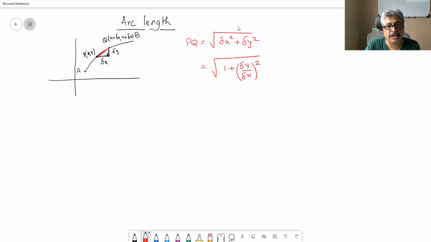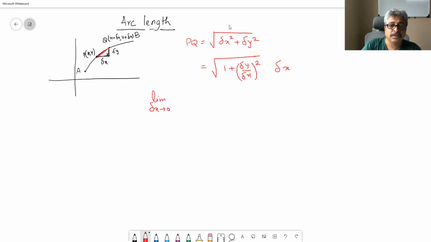We have taken delta x common, so outside the bracket it is delta x. And now we can consider the limit as delta x tends to 0.